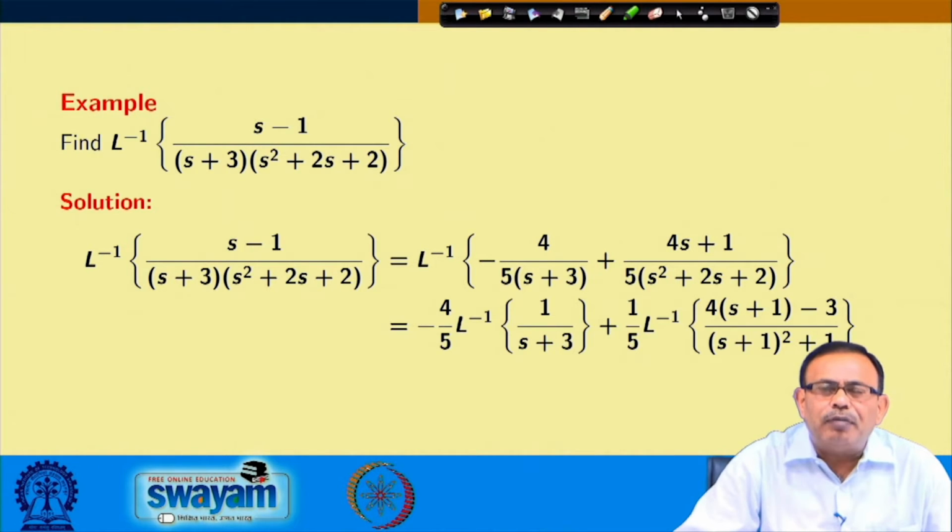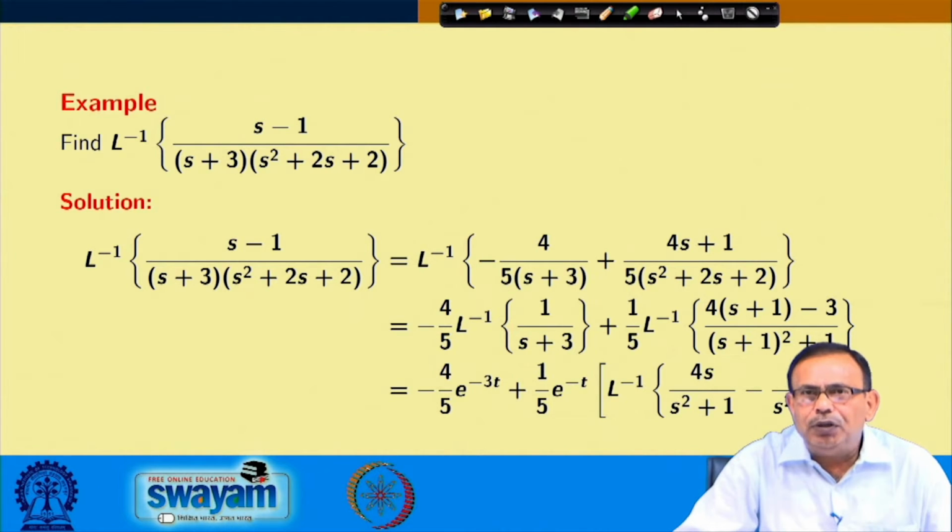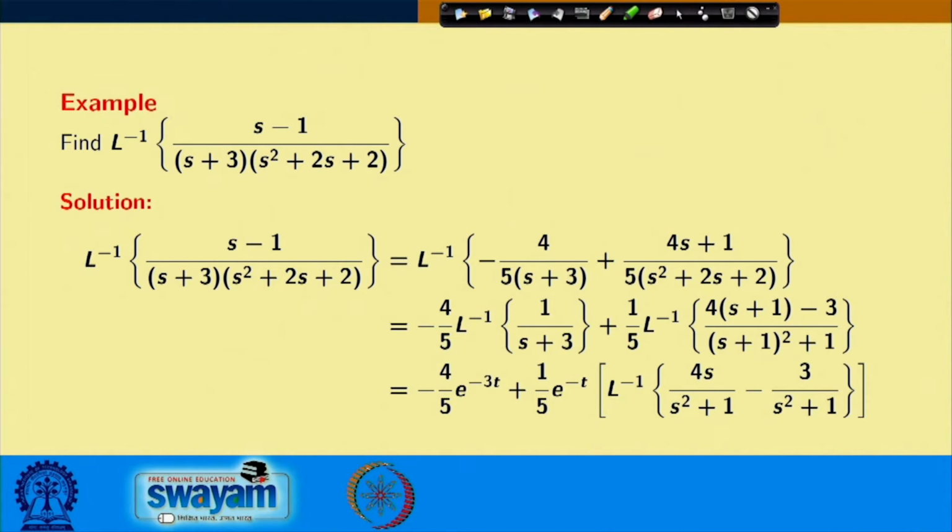So, using that I am writing this as (4s plus 1) by (s plus 1) whole square plus 1. This I can write down as s plus 1, so it is s plus a. I am making it e power minus t, because e power minus a t was there, and a is minus 1.